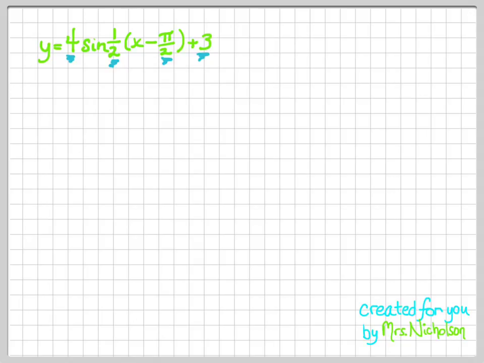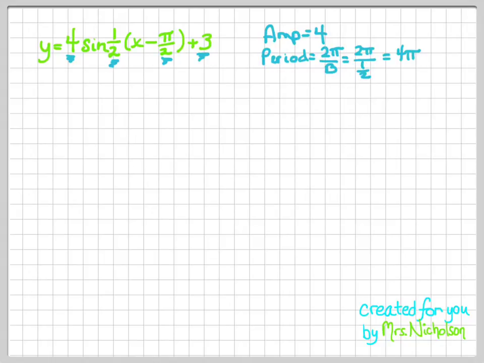That 4 in the front, the A, that's giving me my amplitude. So I'm going to have an amplitude of 4. I have a B value of 1/2. So my period is going to be 2 pi divided by B, which is 2 pi divided by 1/2, or 4 pi.